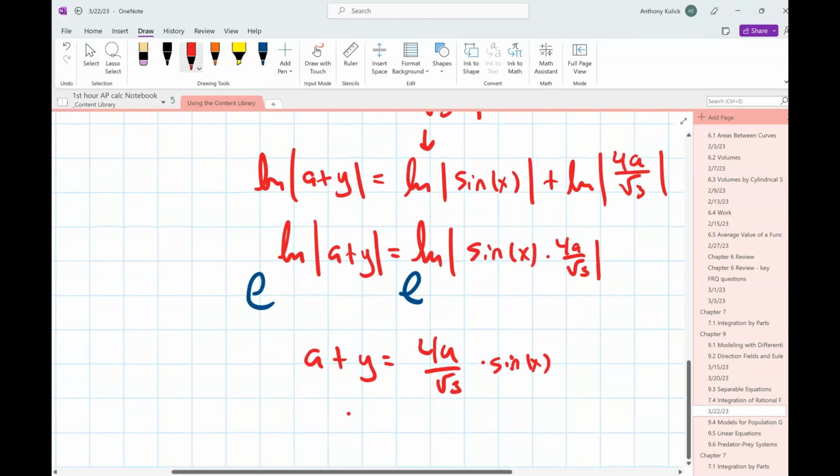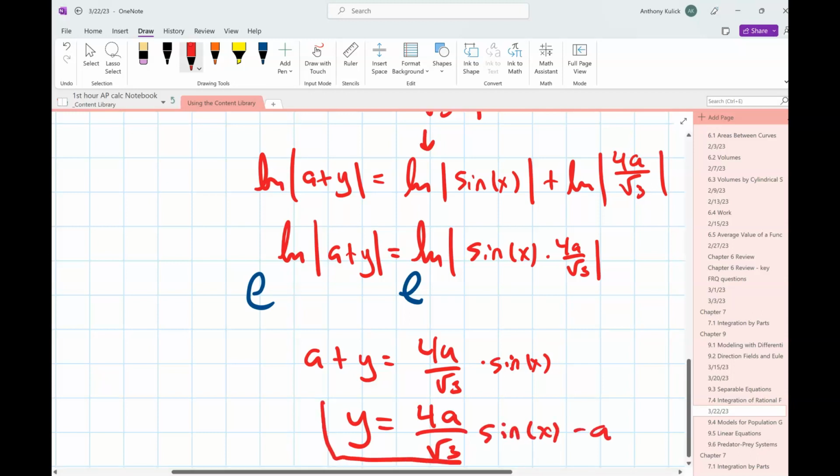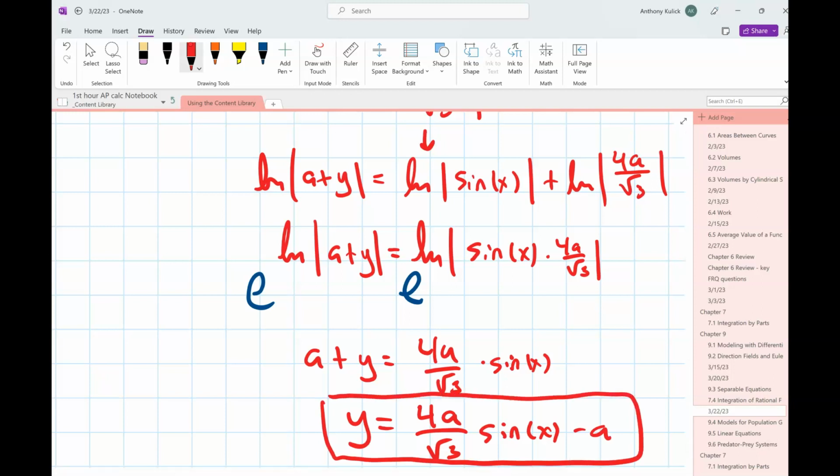And then we can just subtract a from both sides. And that, I'm guessing, is probably what was in the back of the book. Let's look real quick, huh?